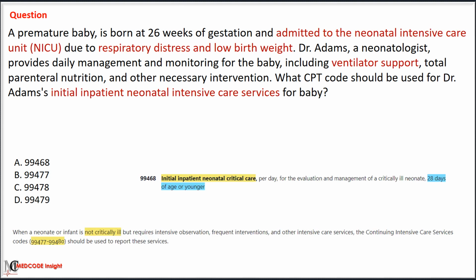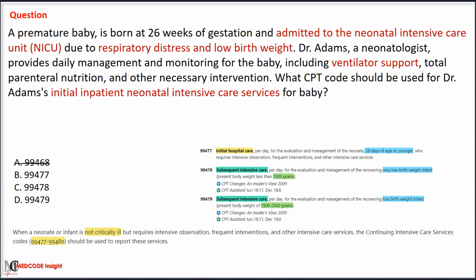In this scenario, a premature baby is admitted to the neonatal intensive care unit due to respiratory distress and low birth weight. For neonatal intensive care unit, we use the code range 99477 to 99480. We will first eliminate option A with the code 99468, which is used for initial inpatient neonatal critical care per day for the evaluation and management of a critically ill neonate 28 days of age or younger.